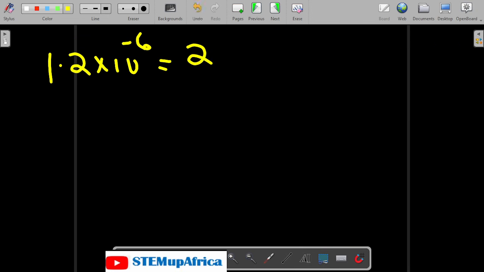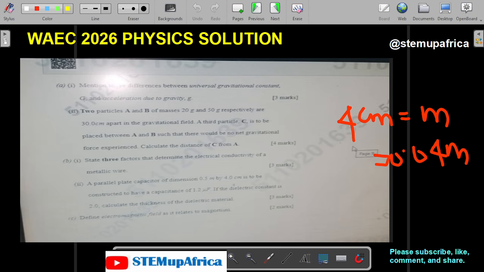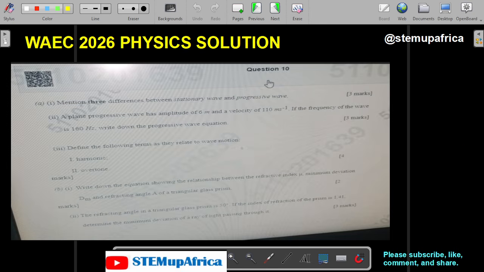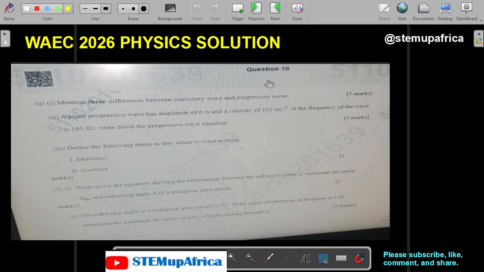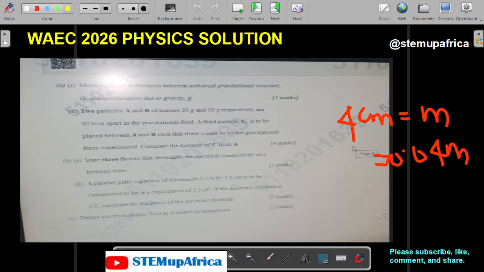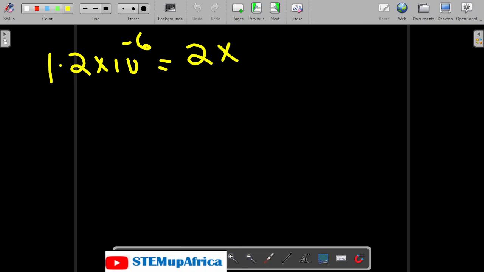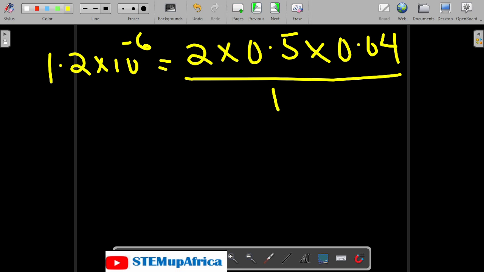It's equals to 2 times, we have the area now, which it says the area should be 0.5 times 0.04 over D.